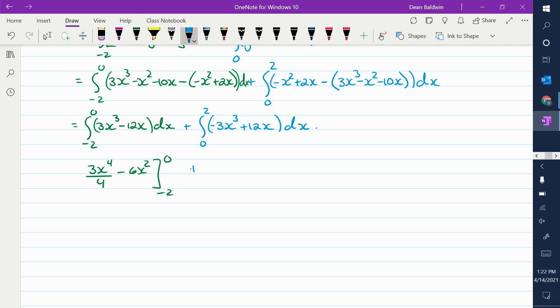And then the blue bit is going to be -3x to the fourth over 4 plus 6x squared, evaluated from 0 to 2.